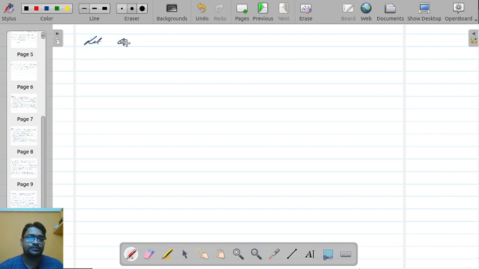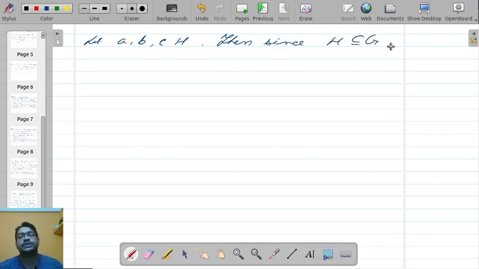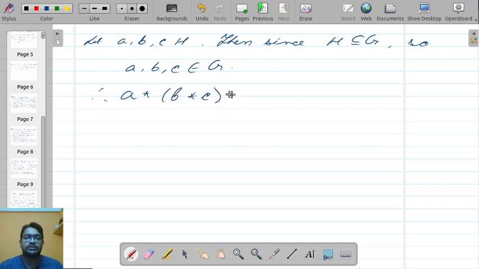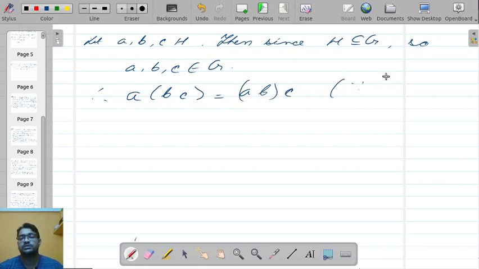Let A, B, C belong to H. Since H is already given to be a subset of G, A, B, C are actually elements of G. Therefore A into B into C is equal to AB into C, since G has the associative property.